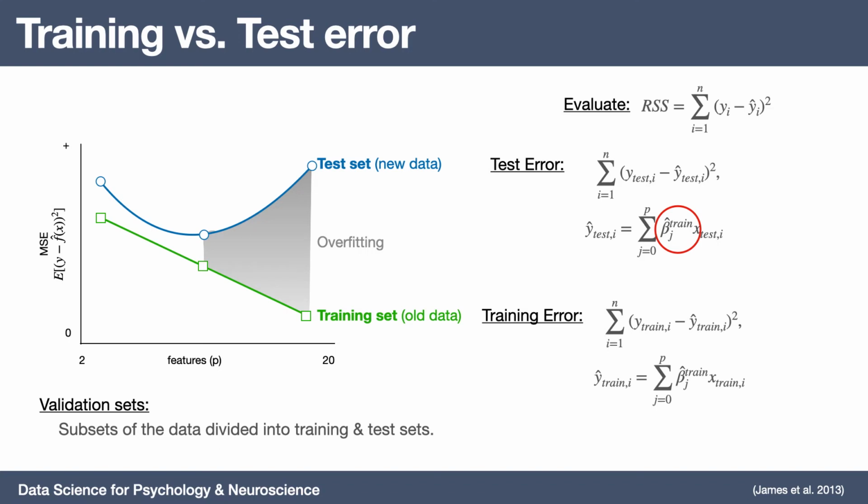Now, in the prediction context, really what you want to look at is solely the test error. The test error is your gold standard. And the null that you're trying to reject is that this model that I learned in my training set will predict y better than the mean of y itself. Why is the mean of y the null here?